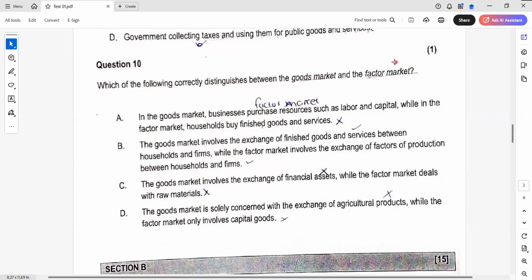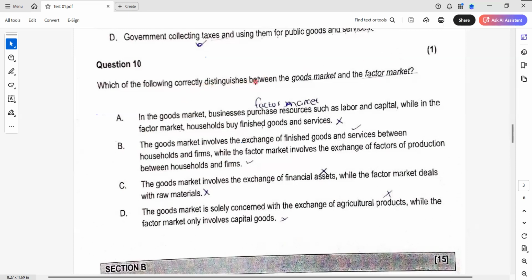And then the factor market is the one which hires our factors of production and sells them to the firms. And the firms are going to use the factors of production to produce goods and services, right?